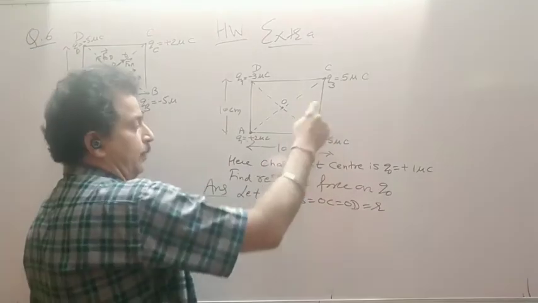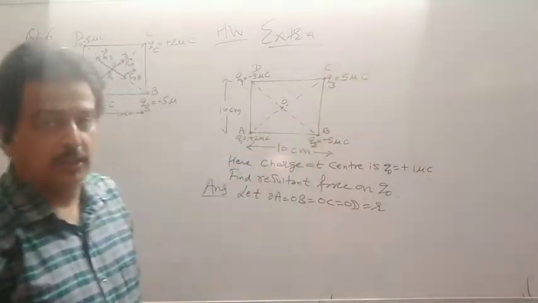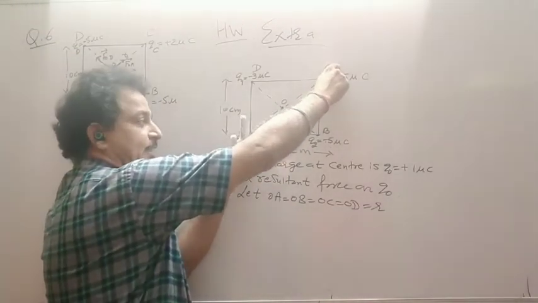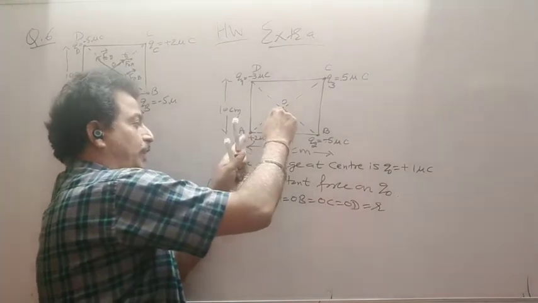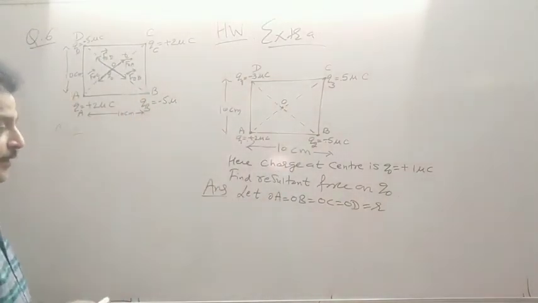This is 10 centimeter. This is 10 centimeter. You can use the Pythagoras theorem to find out AC. After finding AC, you divide it by 2, you will get OA, OB, OC, OD, that is R. So that is left as an exercise.